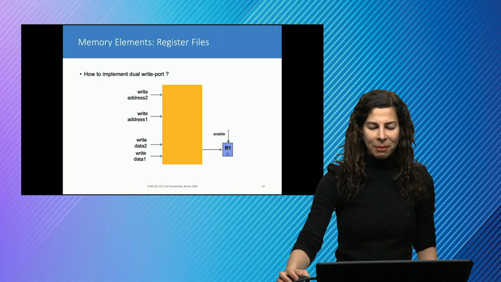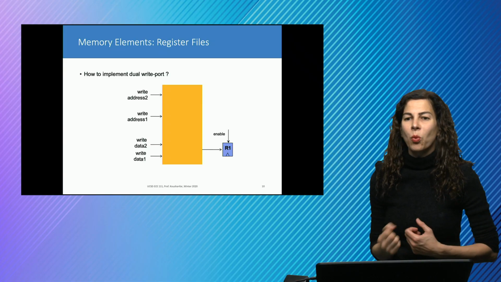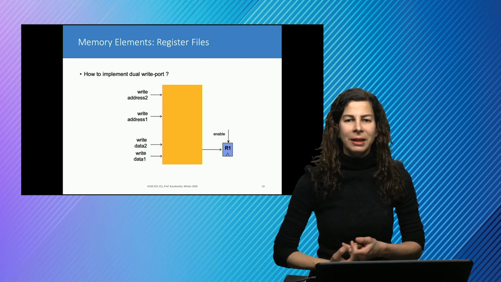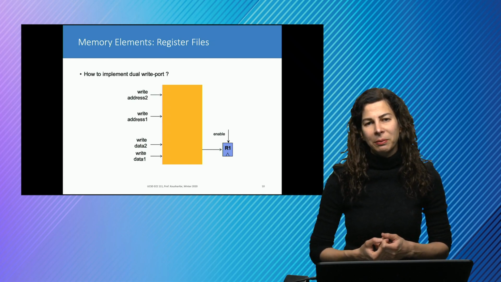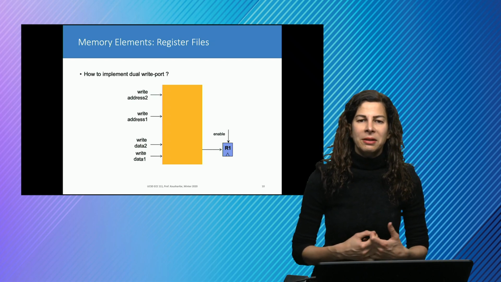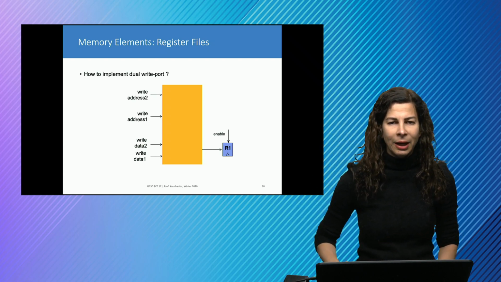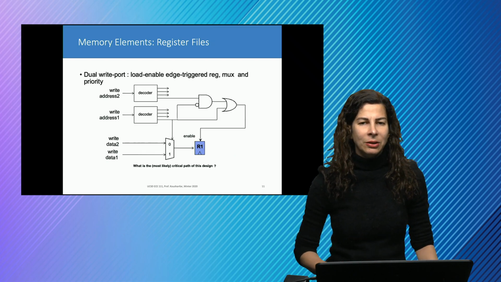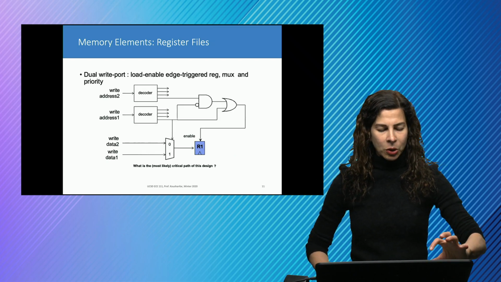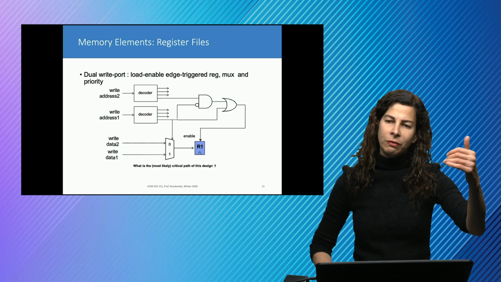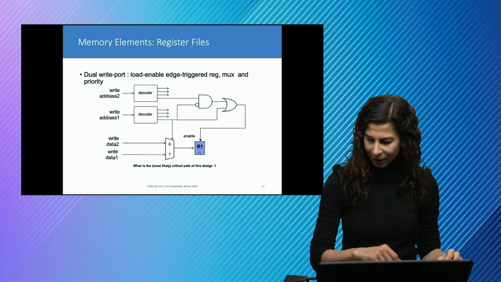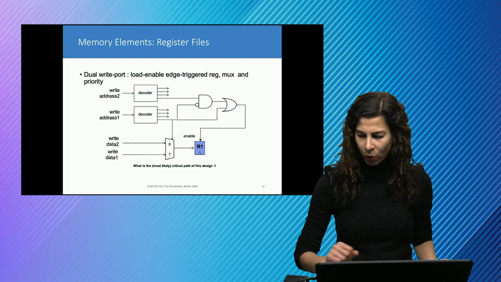Things can get more complicated in real life. We may have more than one port or more than one address that you're reading and writing, and the actual memories are becoming multi-port. Here's an example of a dual port memory, and how to implement the dual write port. As you see, we have two decoders that decode each of the addresses, as many as the ports and addresses that we have.